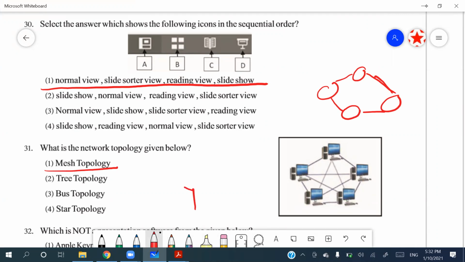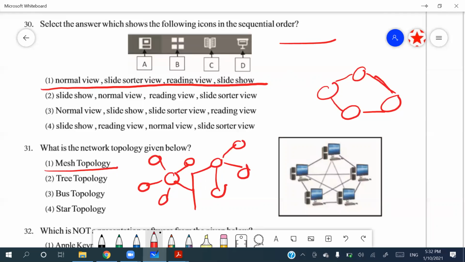Tree is going to be something like this. Like a tree. And bus is going to be something like this, where they have terminators at the other two ends. And star, we know the most common one, which is going to be this.